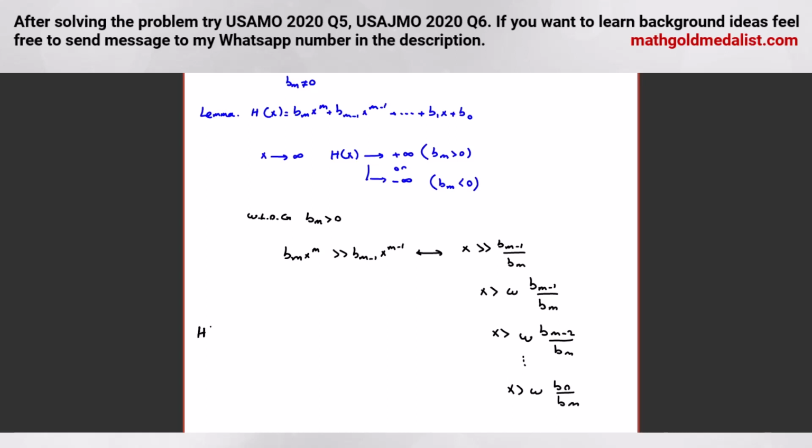So let's say something like this. Do you agree we can say bm xm plus bm minus 1 xm minus 1, this one over w will be what? Now for w, bm over w will be w to the m, okay?